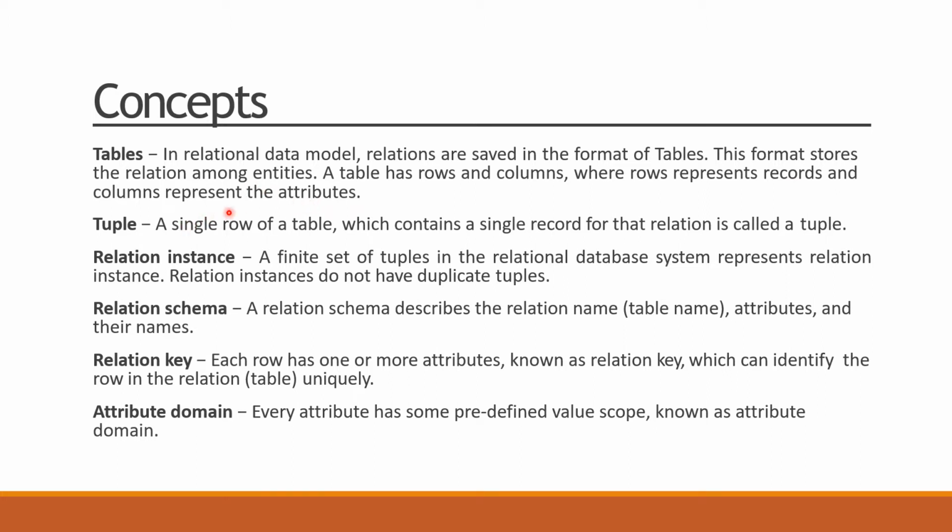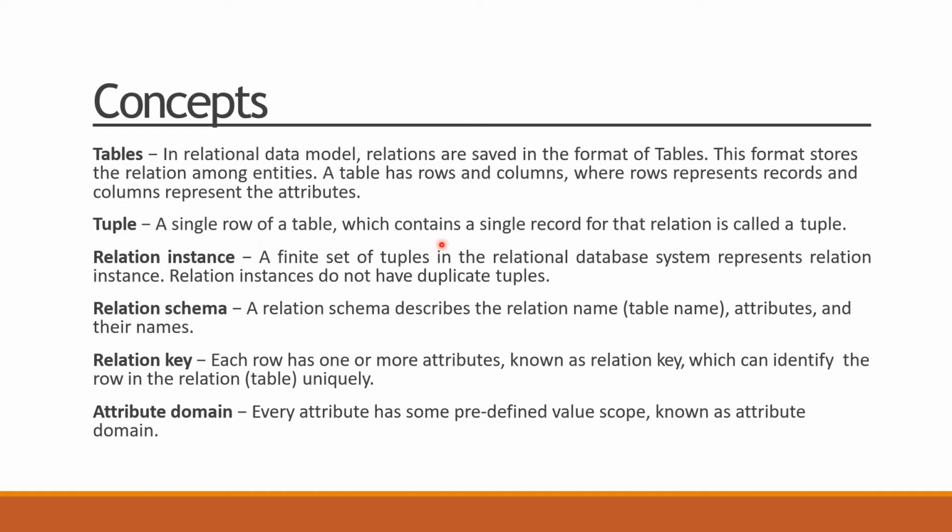We have table. Table has records. It has rows and columns, and the row represent records and column represent attributes. And then comes tuple, a single row of a table which contains a single record. For that, relation is called a tuple.